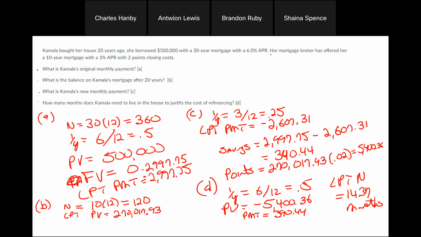They're betting that you're going to refinance before that 7 years or so is up. So, questions about mortgage refinancing?